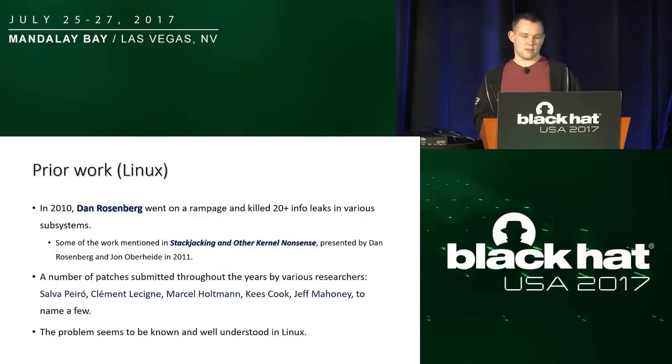On the other hand, the problem seems to be much better known on Linux. Already 7 years ago, Dan Rosenberg apparently went on a rampage and killed several dozen, I think more than 20 infoleaks in various subsystems. He presented some of this work in a presentation given by him and Jon Oberheide in 2011.